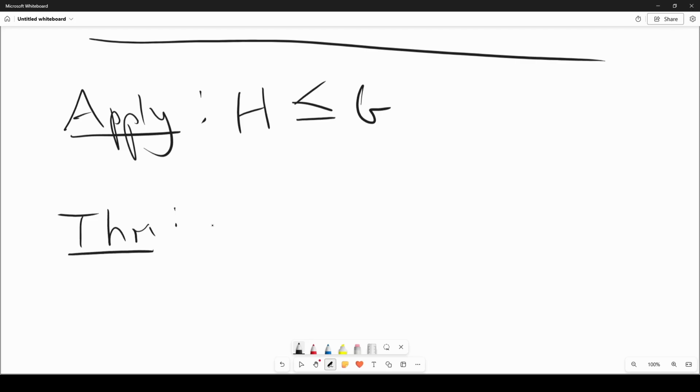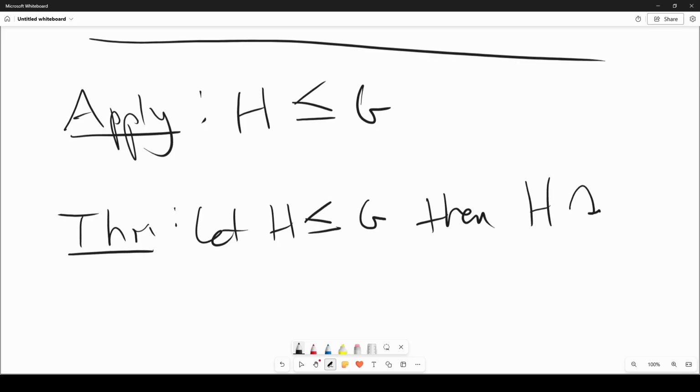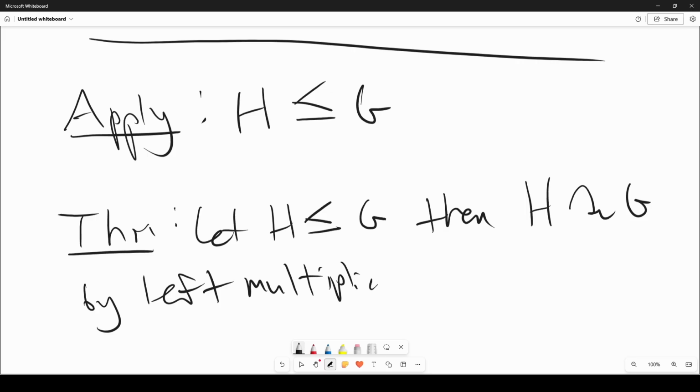Theorem. Let H be a subgroup of G. Then H acts on the entire group G by left multiplication, namely H acting on G just equals HG.